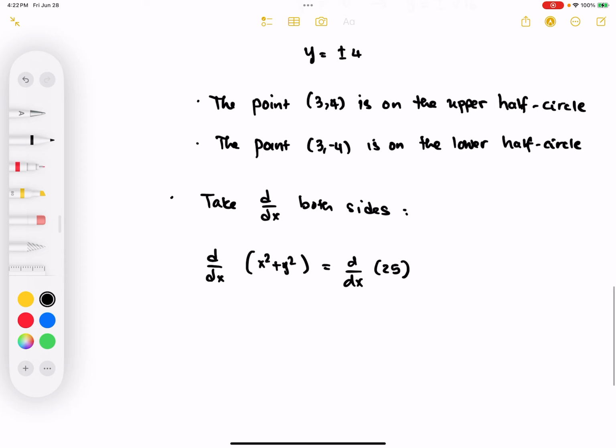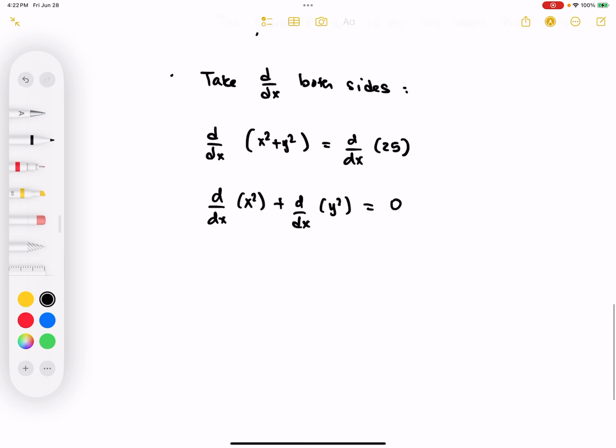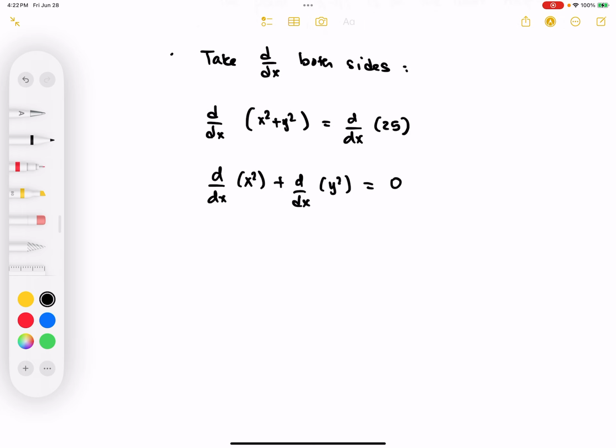The derivative of x squared is 2x, d by dx of y squared is 2y times y prime, or dy by dx, and d by dx of 25 is just 0.